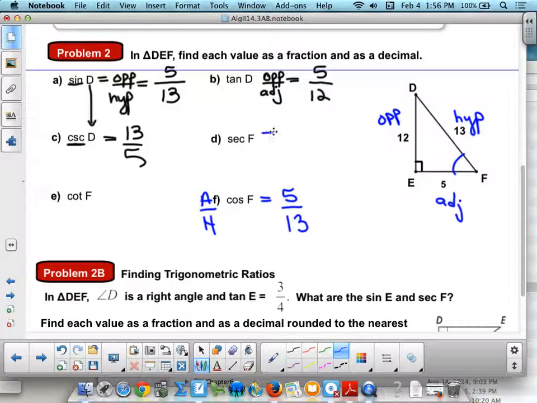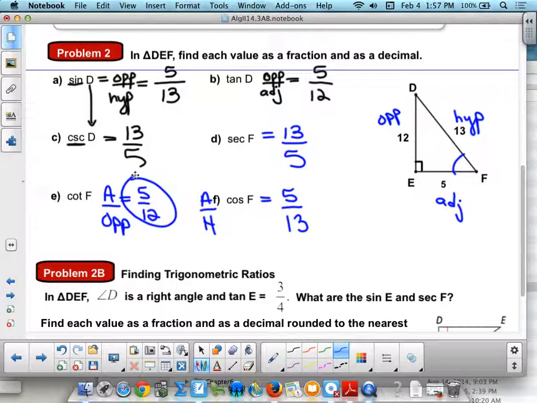So this would just be 13 fifths. This one is cotangent, the reciprocal of tangent. Now, if tangent's opposite over adjacent, this would be adjacent over opposite. So you tell me, what? 5/12? Yes. There you go.